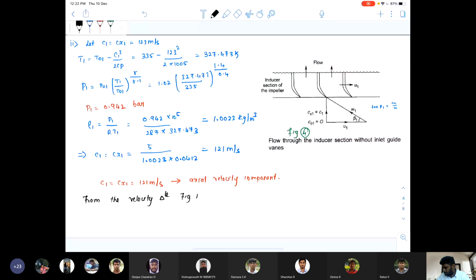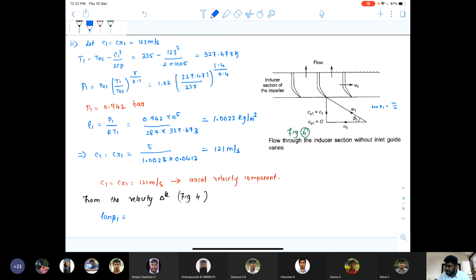figure 4, if you need to find the value of this angle beta 1, if you consider it as tan beta 1, that is tan beta 1 is equal to opposite side by adjacent side.